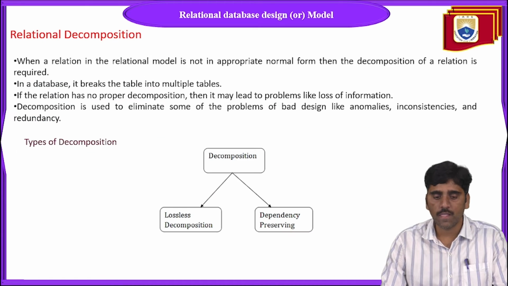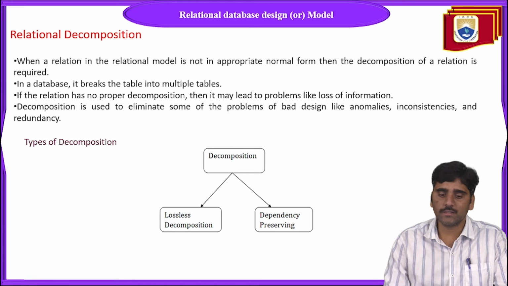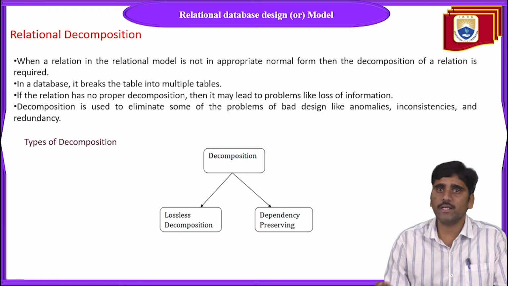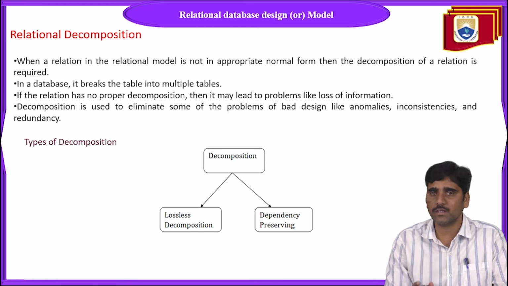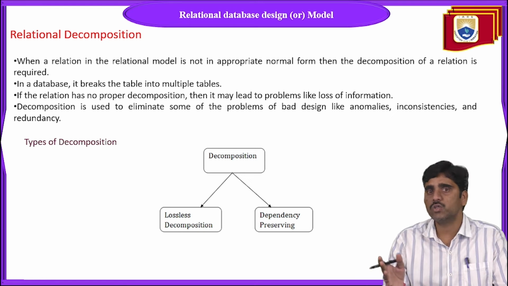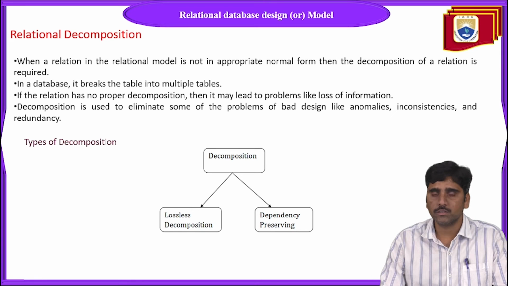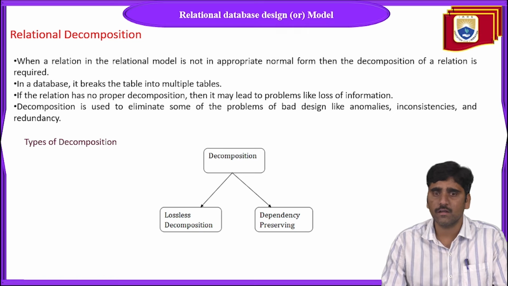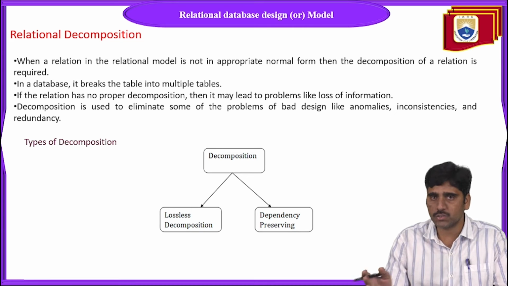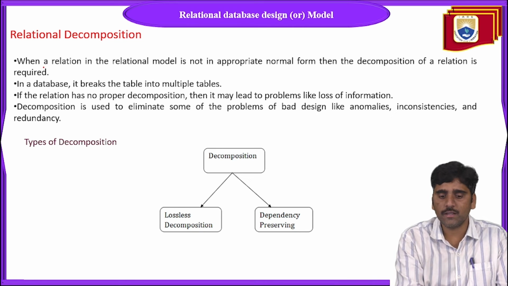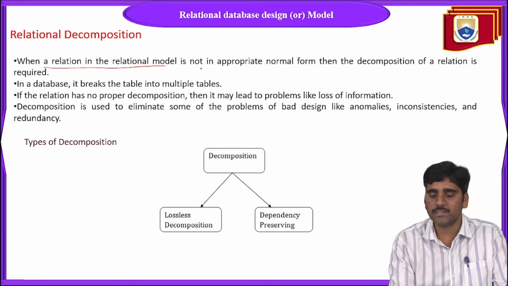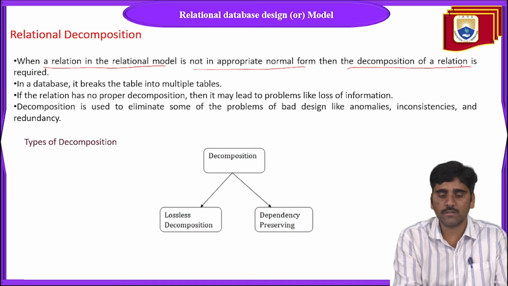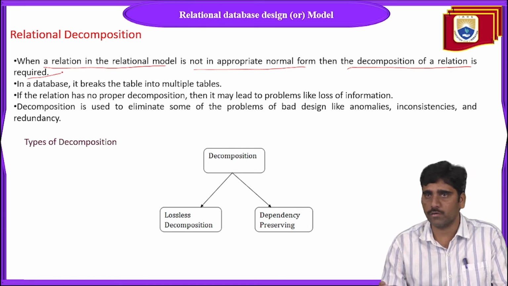Also, the next one is relational decomposition. Decomposition is a process of dividing a table into two parts or two tables. If any table has a complex structure, then we can easily decompose it. When a relation in the relational model is not in an appropriate normal form, the decomposition of the relation is required.